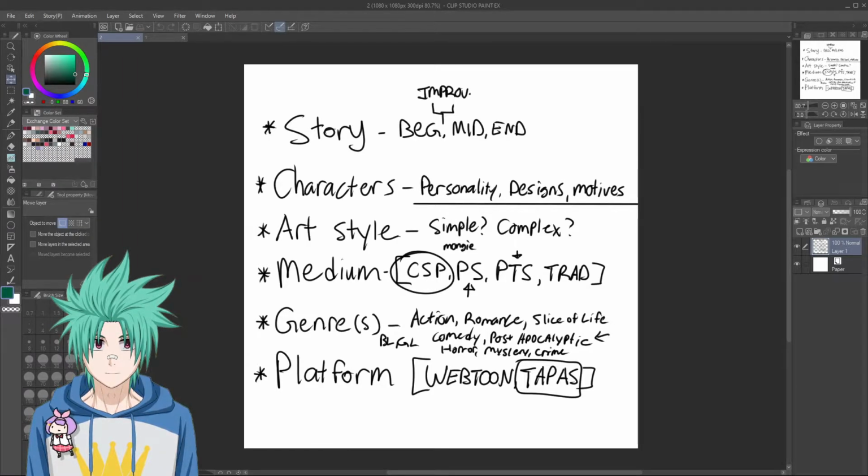You want to go simple or complex. Now there are certain genres that Webtoons can go towards, and just depending on the genre, the art style could be very simple or very complex. It all depends.